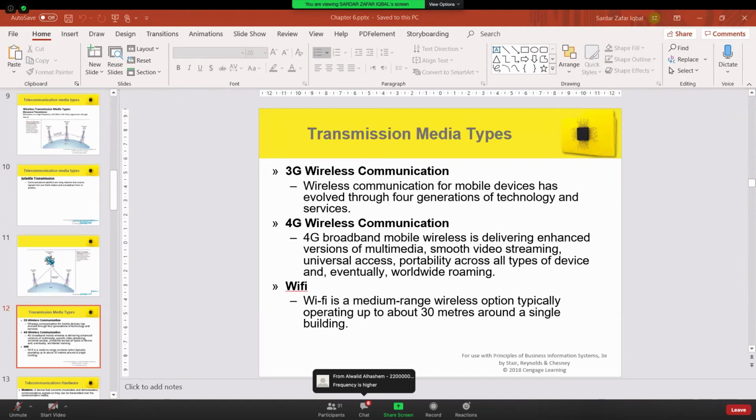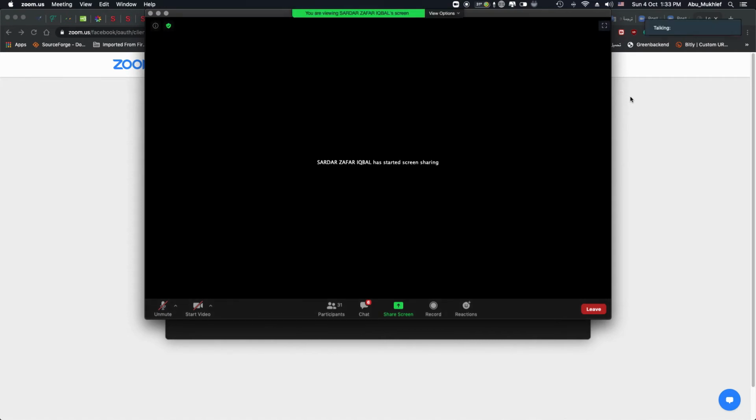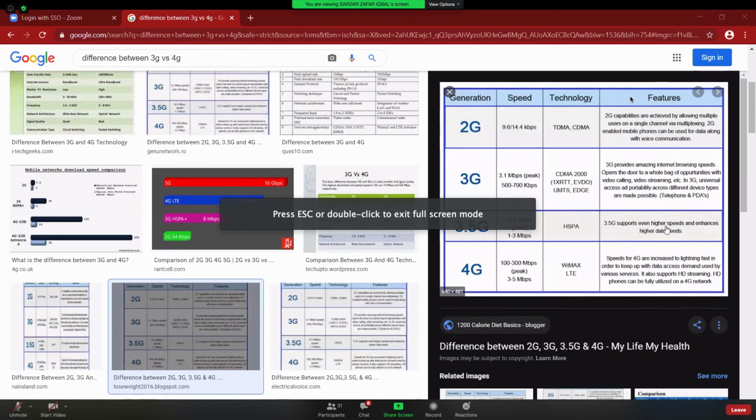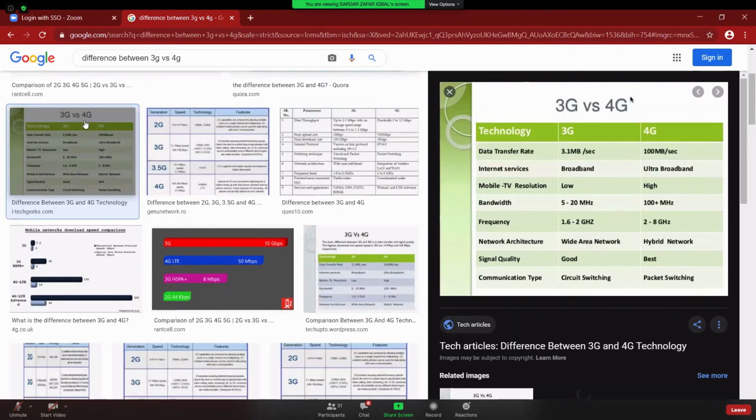So, okay. If I share with you like this, if I go here, you can see the difference between 3G versus 4G.